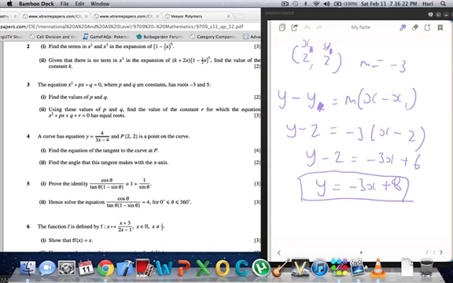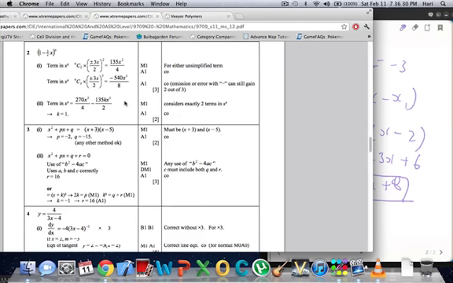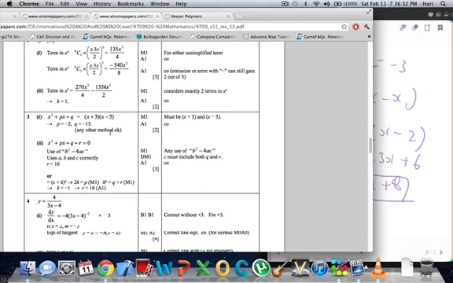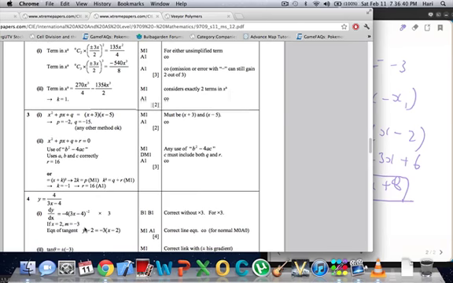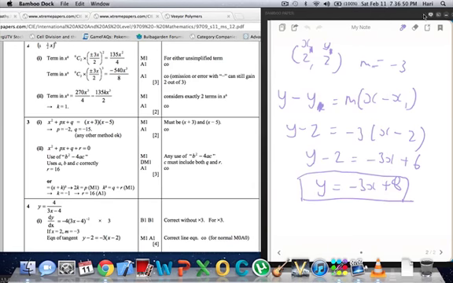Let's check if that's correct for part 1. They haven't simplified it in this case, but y minus 2 is equal to minus 3 into x minus 2, which is what we have got over here. And that'll be automatically equal to what we have got over here.